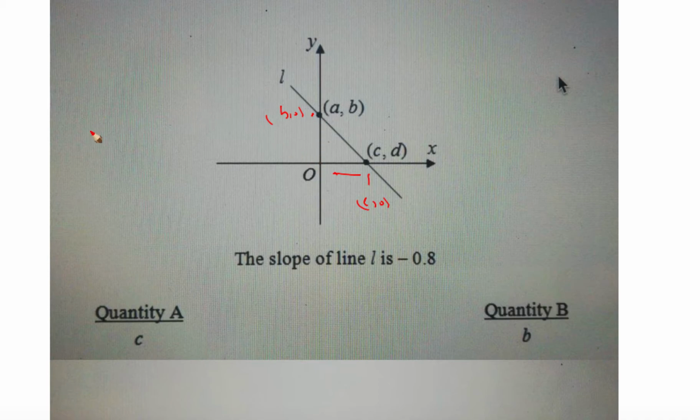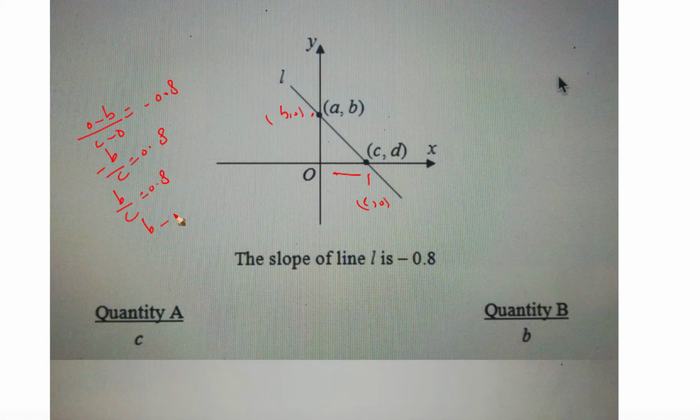Up to this point it is C, 0 and up to this point it is 0, B. Now how can we find the slope of the line? 0 minus B over C minus 0 is equal to minus 0.8. So minus B over C is equal to minus 0.8, so B over C is equal to 0.8.